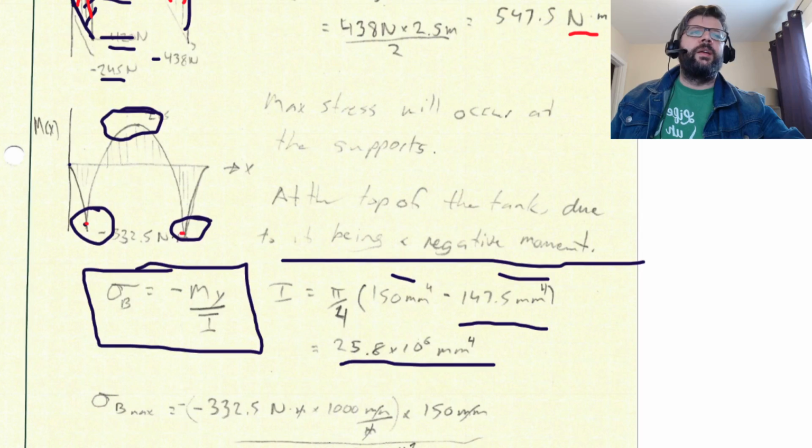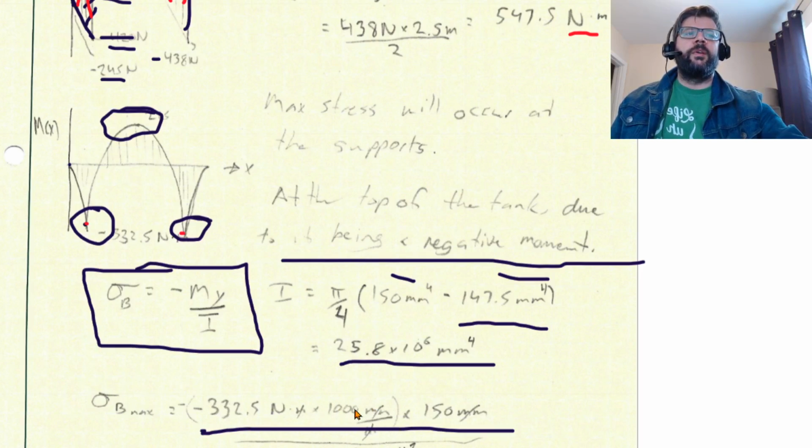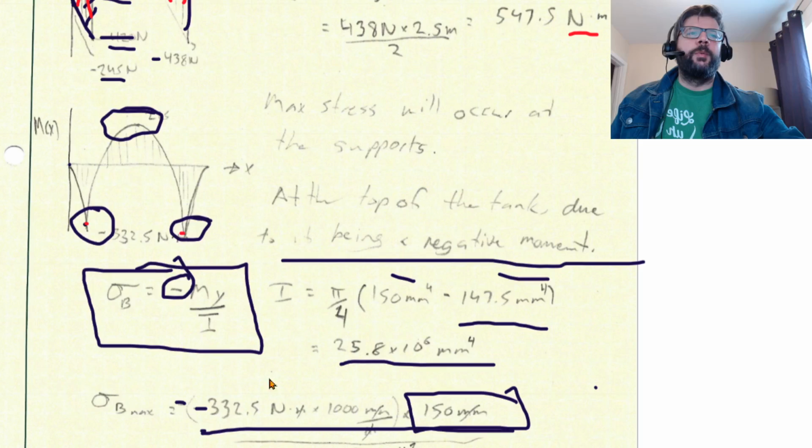So plug in everything in here. Again, just like I like to do, I convert stuff to millimeters. So we got our 332.5 Newton meters times 1,000 millimeters per meter times our y. So y is going to be a positive 150 millimeters. Oh yeah, we got two minus signs here that cancel out, the one from here and the fact that the moment's negative, and divide by our I that we just calculated.